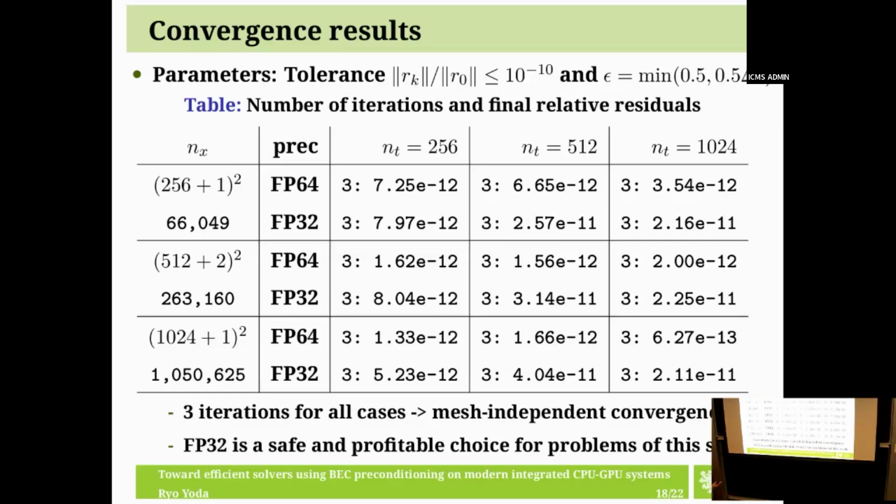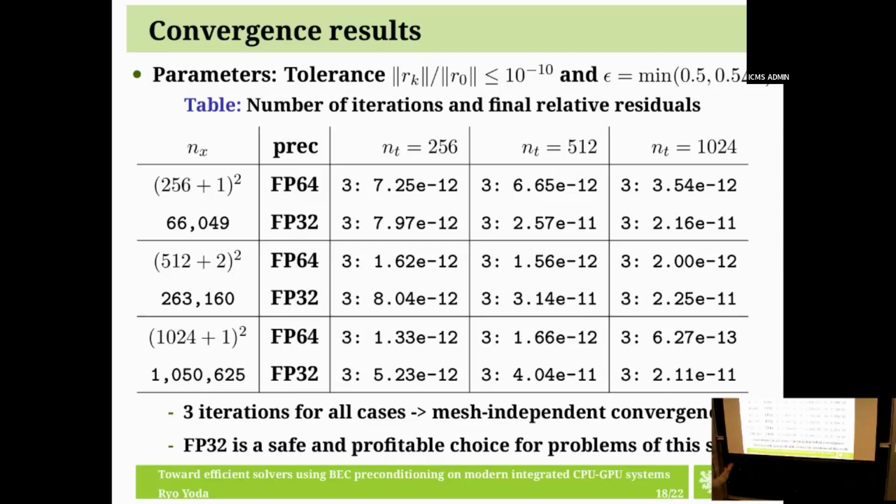In all cases, using FP32 single precision steps provides the same 3 iterations. Of course, increasing the spatial size or the number of time steps, we can see some difference between the achieved final relative residuals.